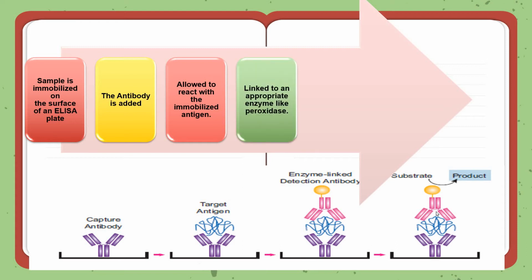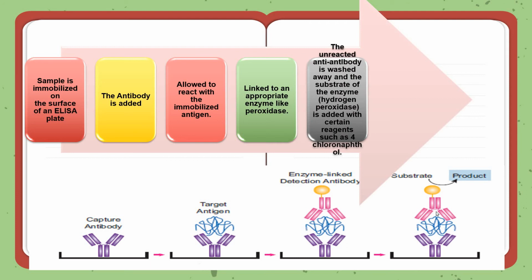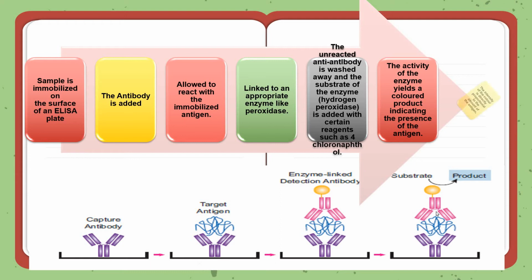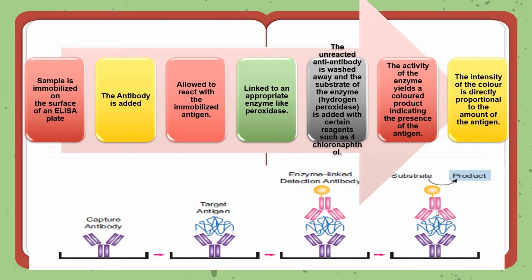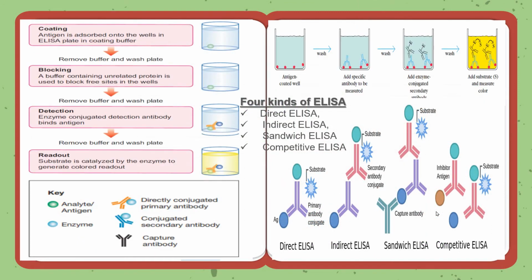Now it is linked to an appropriate enzyme like peroxidase. The unbound antibody is washed away and the substrate of the enzyme, that is hydrogen peroxide, is added with certain reagents such as chloronaphthol. Then the activity of the enzyme yields a colored product indicating the presence of antigen. The intensity of the color is directly proportional to the amount of antigen. By this way we detect the presence of antigen in the particular sample.